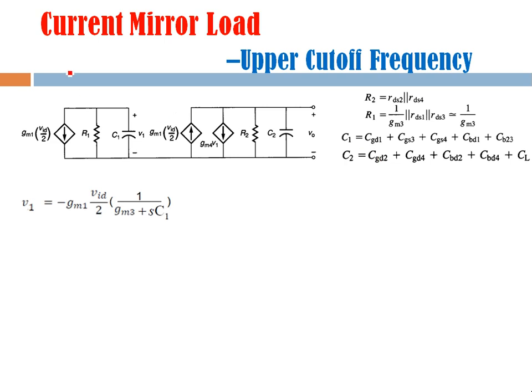Now first we are writing the expression for V1. The V1 voltage here is this current multiplied by the net impedance of this part. Net impedance of this part is the inverse of admittance, and the admittance of this section is given here. This gm3 is the admittance offered by this part, and sC is the admittance offered by this section.